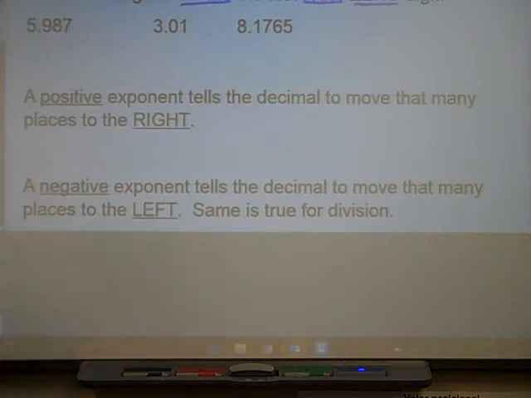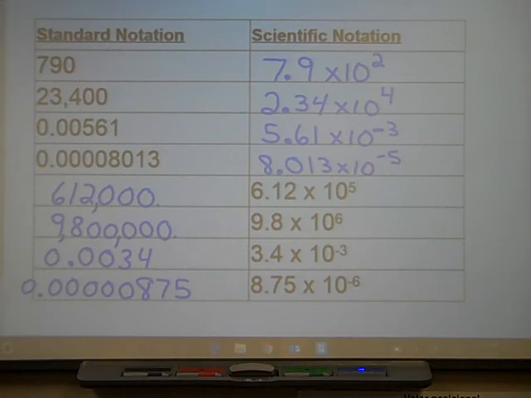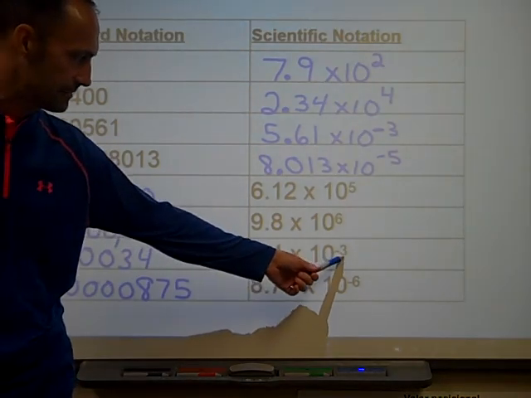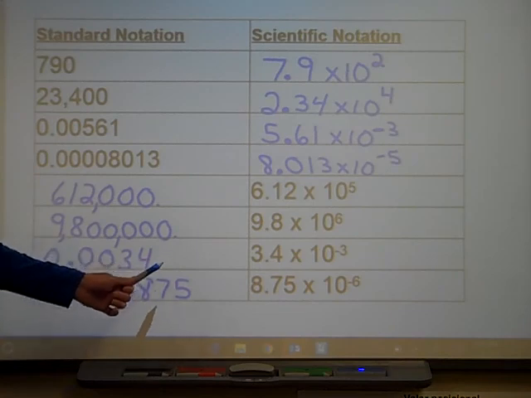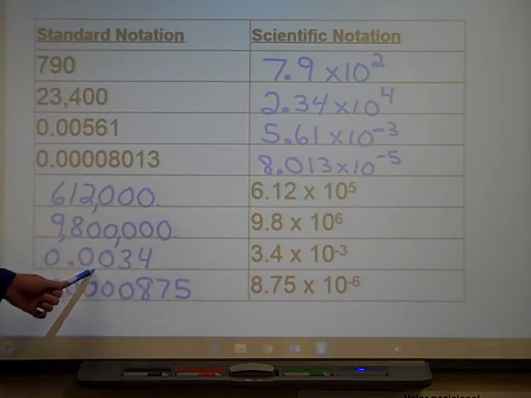So make sure you copy that as well. Okay? Negative exponent tells the decimal to move that many places to the left. And if we go back quickly, right, here's a negative 3. The decimal was here, and I moved it 3 to the left. 1, 2, 3 because of the negative 3. Right?